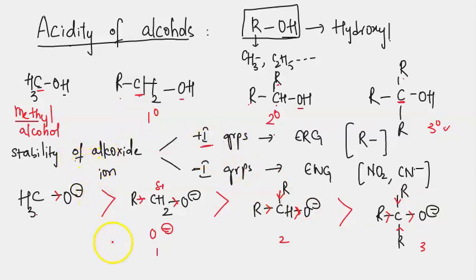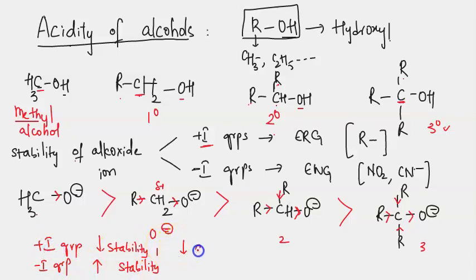It decreases. So if we write the order, plus I groups decrease the stability, minus I groups increase the stability. We are talking about the stability of the alkoxide ion only. If the ion is not stable, the alcohol is not acidic either. So the acidity also decreases.